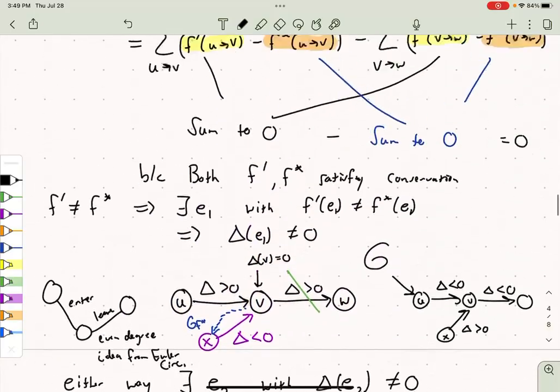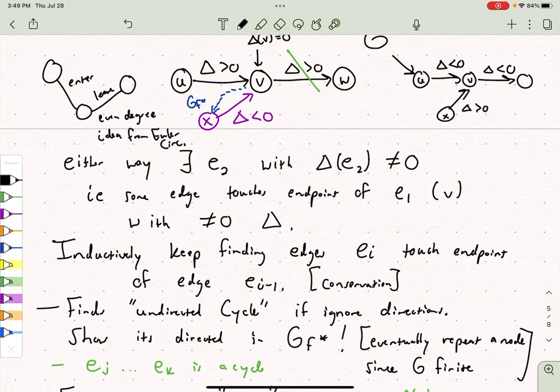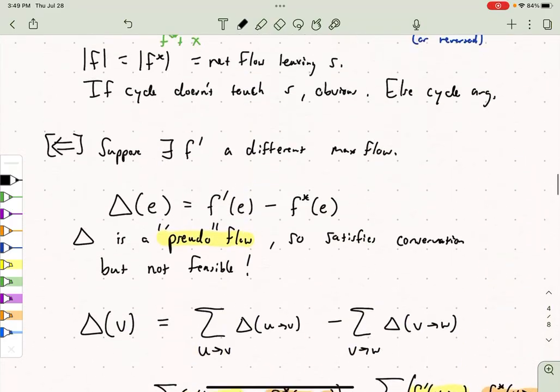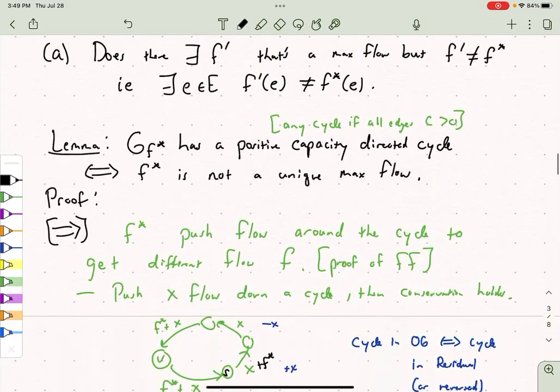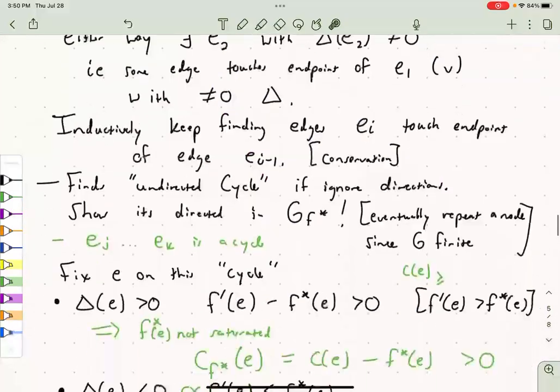So it was a lot of work, and it basically forced us to create an algorithm to find the cycle, but now we have proved this lemma here. So if G_f star has a positive capacity directed cycle, that can happen if and only if f star is not a unique max flow.